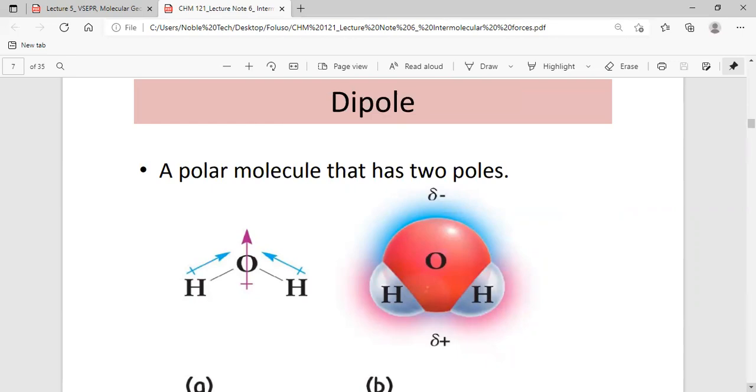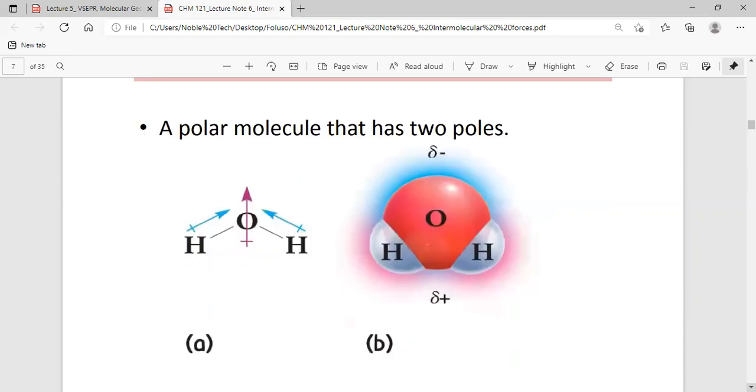Now, the other intermolecular force we'll be looking at is the dipole. Dipole, that's a polarization of any bond. Now, when you have an electronegative atom attached to a less electronegative atom, the electronegative atom will, because it's electron loving, pull the electron towards itself.